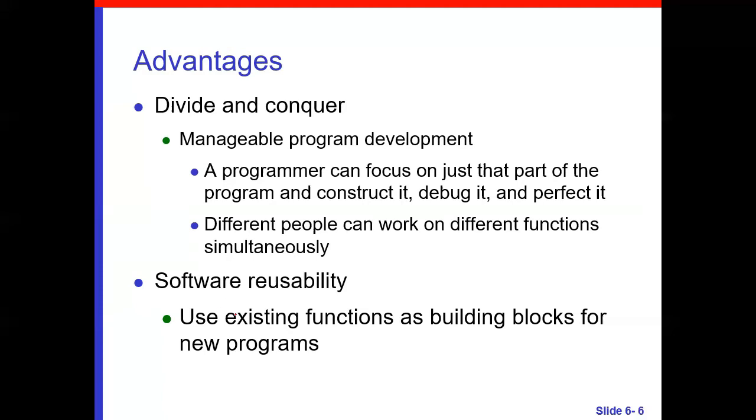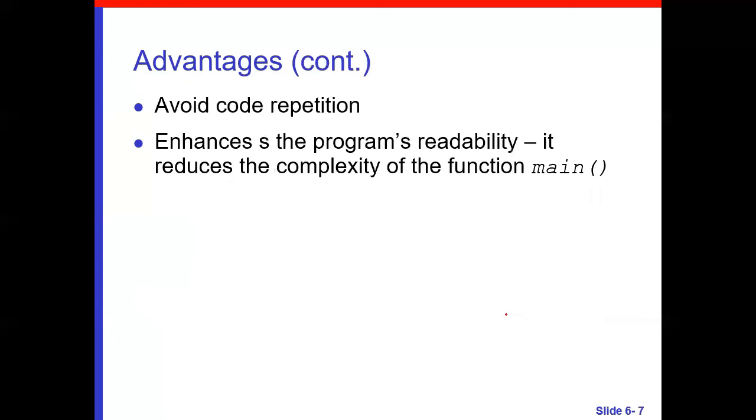Okay, next, of course, software reusability. Use existing functions as building blocks for the new program. So when we use the function, we can call it many times. We can reuse it as many times as you want. Next advantages are avoiding code repetition, and the last is enhancing the program readability.